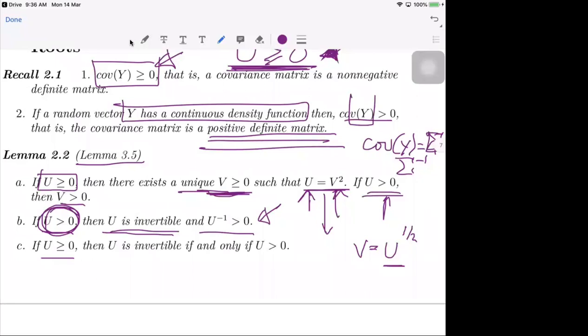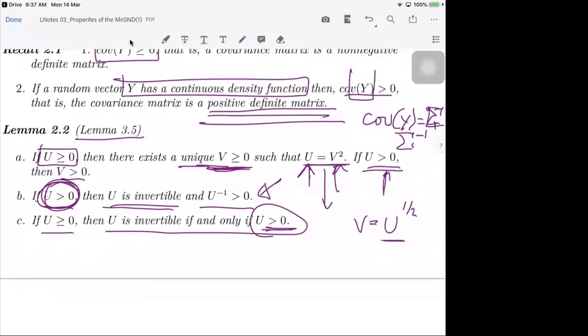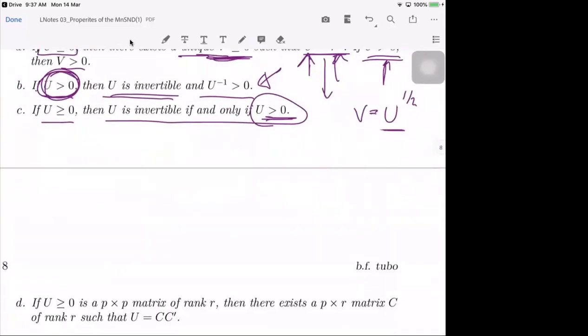If it is only non-negative definite, U is invertible only if it is strictly positive definite. So when it is a non-negative definite matrix, there is no assurance that the inverse exists, not until U becomes positive definite.